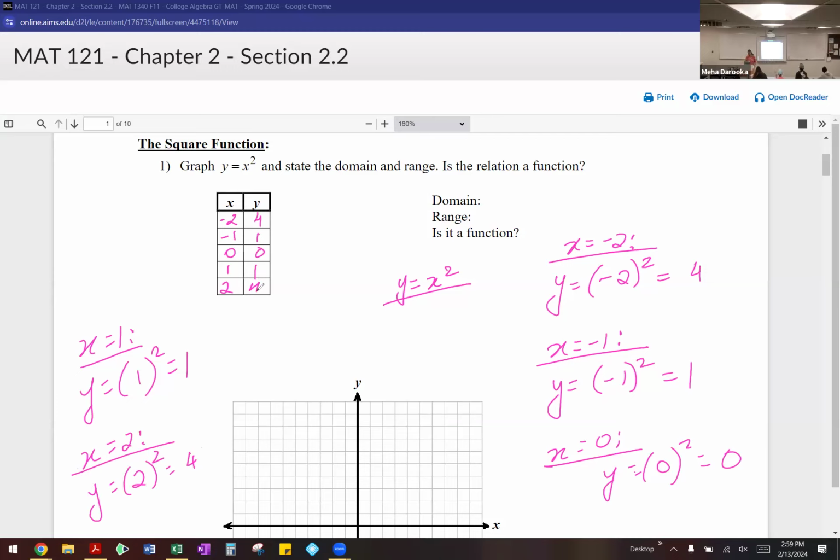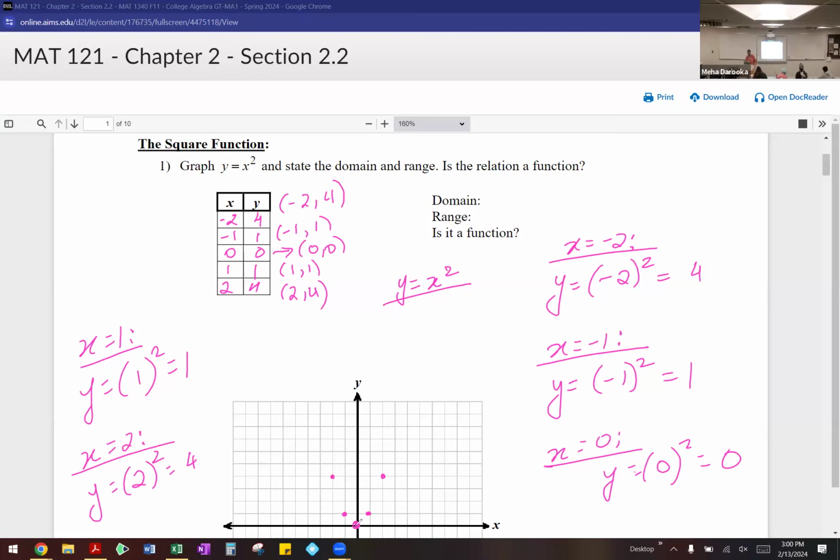So once we have that, let's see that. If I take my ordered pair 0, 0, that's going to be at the origin. Positive 1, positive 1. 2, 4, this will be negative 1, positive 1, and then of course negative 2, 4.